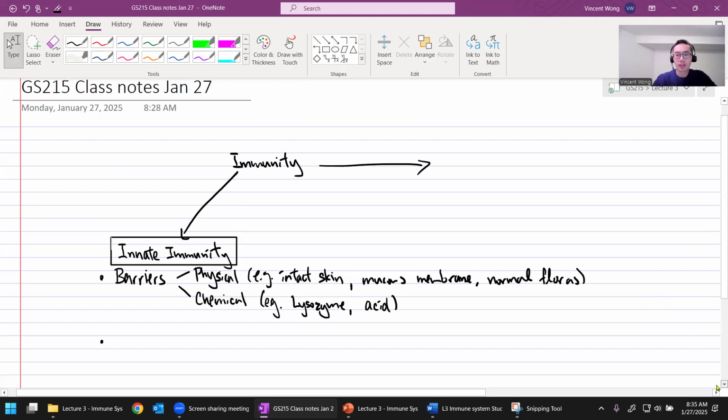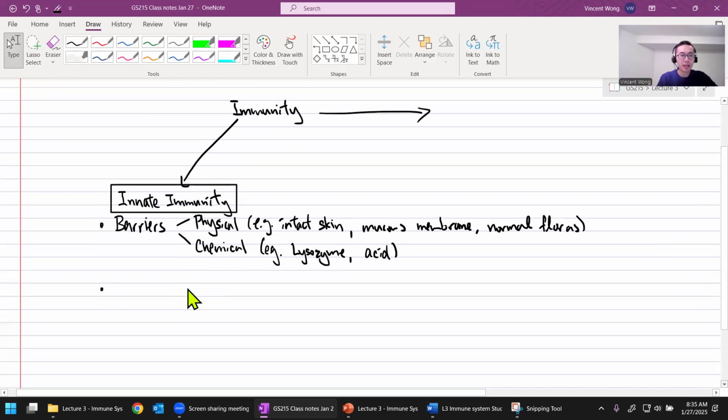Another one we talked about would be inflammation. The purpose of inflammation is to recruit more white cells and plasma proteins. The key terms to remember here would be histamine, released by mast cells.